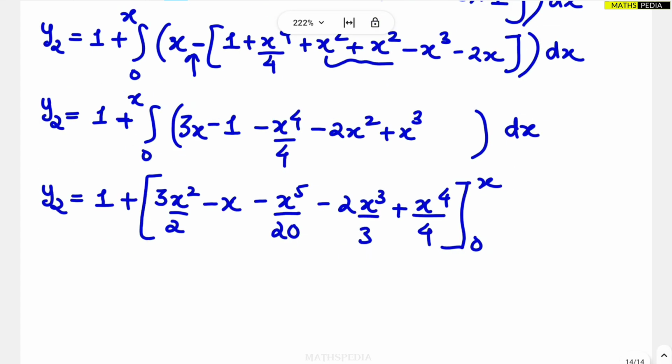Now upper limit minus lower limit, so y2 becomes 1 outside plus upper limit x, you have to substitute, it will remain the same thing, minus lower limit. So when you apply the lower limit, all the terms have x, so it will become completely 0. So just substitute the upper limit.